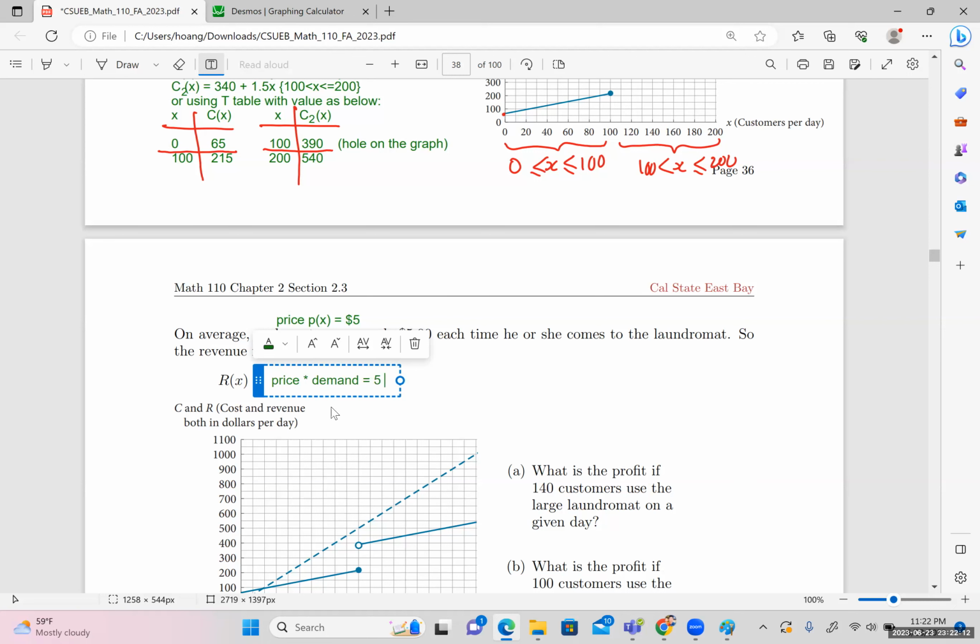Right now it's going to be 5 times X, because the price right now is just a fixed constant number, and that means in this case we will have a linear function.